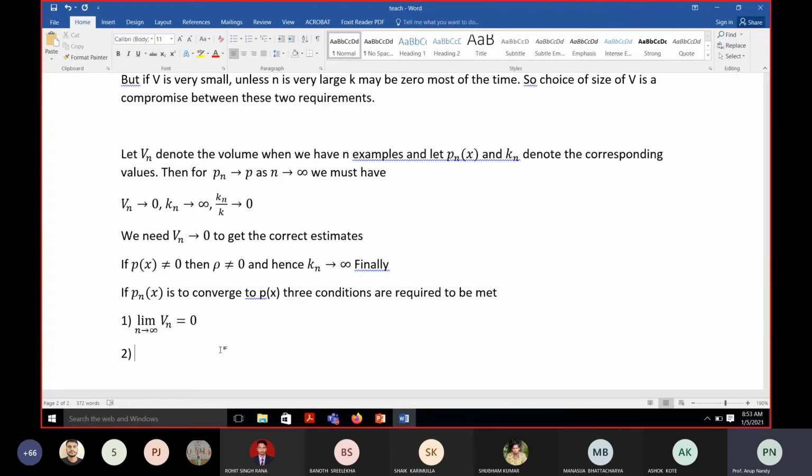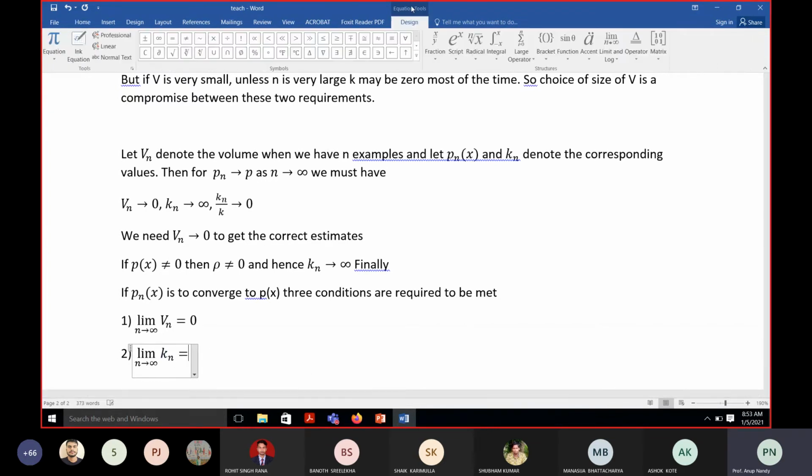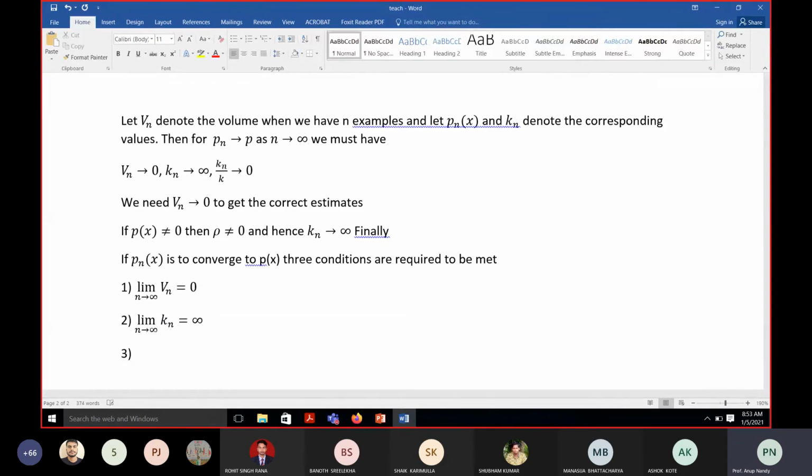Third, limit n tending to infinity, Kn by n is equal to 0. These are the conditions. That's it.